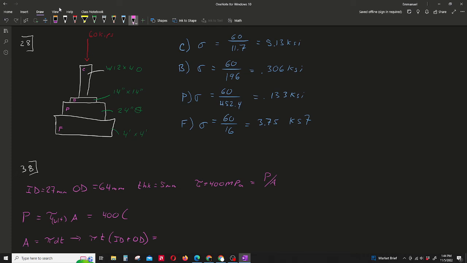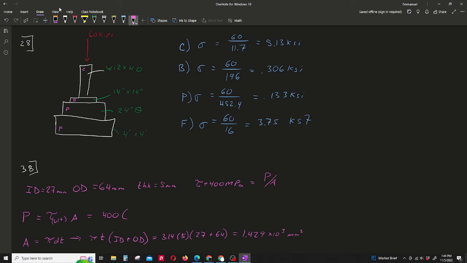And so therefore we get 3.14 times t, which was what, 5, times 27 plus 64, which gives us 1.429 times 10 to the third millimeter squared.